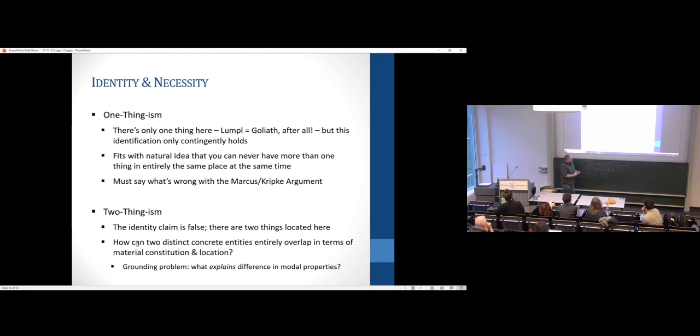But when we think about identity claims featuring two proper names and the modal status of those, we run into this kind of two-pronged problem. There's the Barcan Marcus-Kripke argument, and there's this case from Gibbard with Lumpel and Goliath. Reasons to go one way or the other. Cool. So that's really the stuff I wanted to cover.